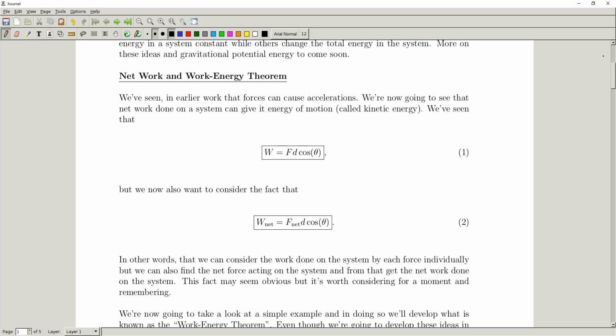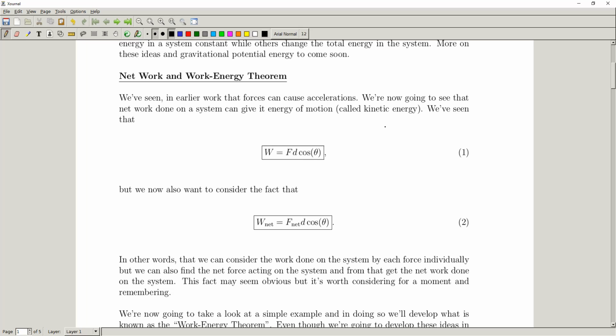derive what's called the work energy theorem, and from that we're going to see the connection between energy, a specific type of energy, and work. So we're going to see the connection between kinetic energy and work. Okay, so we've seen in our first video in this module, even before that, that forces can cause accelerations, right?